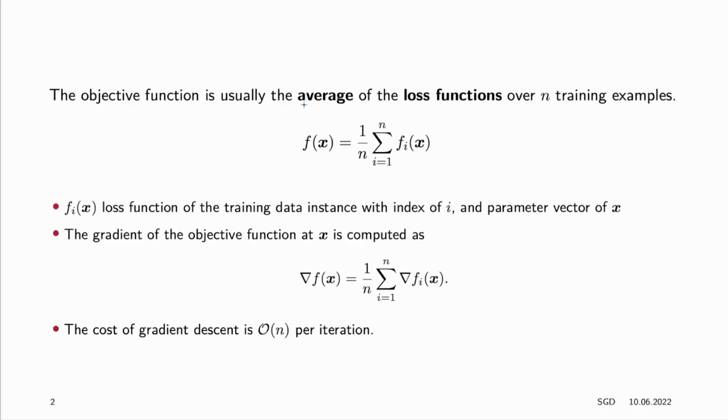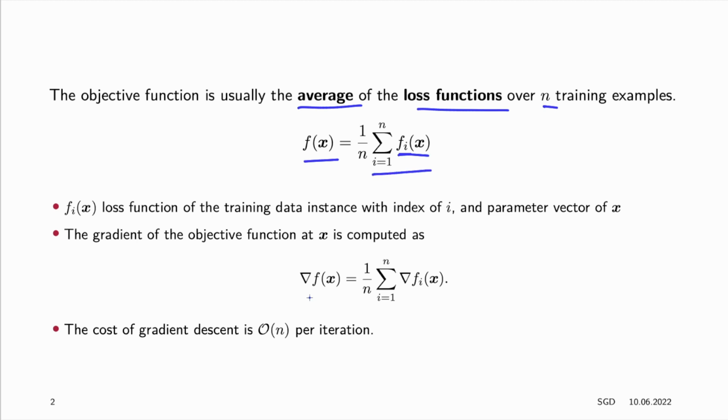So you have the average over loss functions, little l, over all our n training examples. Each of the f_i is the loss of one such example. So f(x) is 1 divided by n times the sum over all these f_i's.